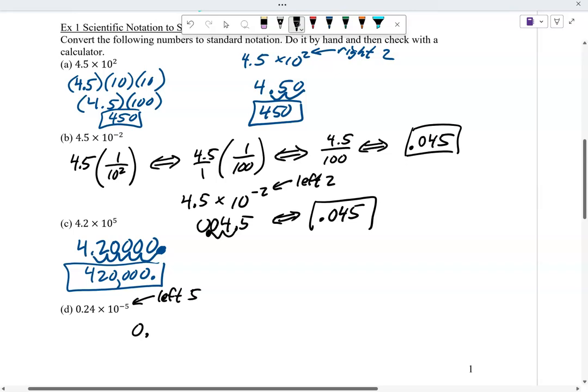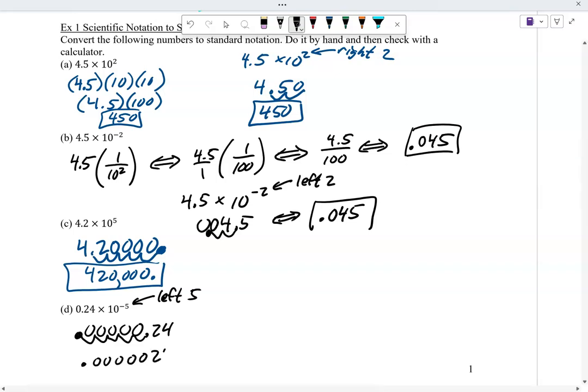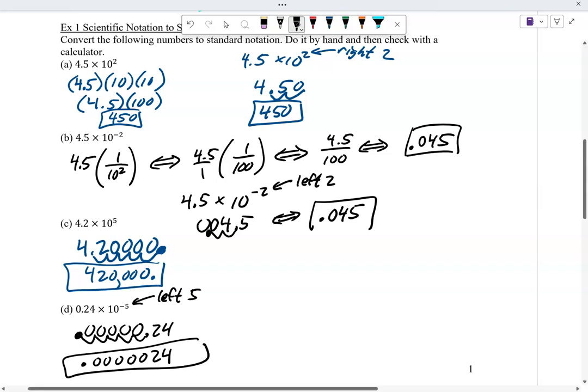This next one, we're going to go left 5. So right now we have 0.24. Move it 1, 2, 3, 4, 5, right there. So 0.000024.